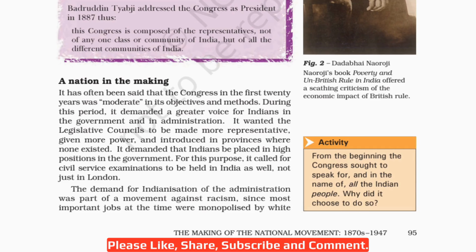During this period, it demanded a greater voice for Indians in the government and its administration. It wanted the legislative councils to be made more representative, given more power, and introduced in provinces where none existed. It demanded that Indians be placed in high positions in the government. For this purpose, it called for civil service examinations to be held in India as well, not just in London.